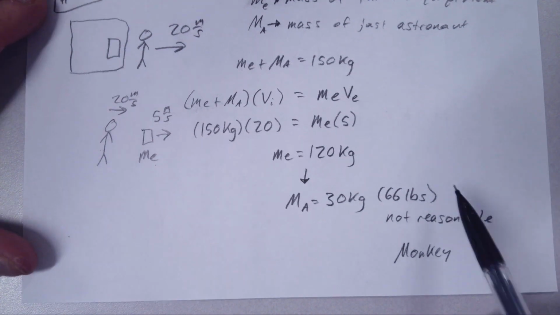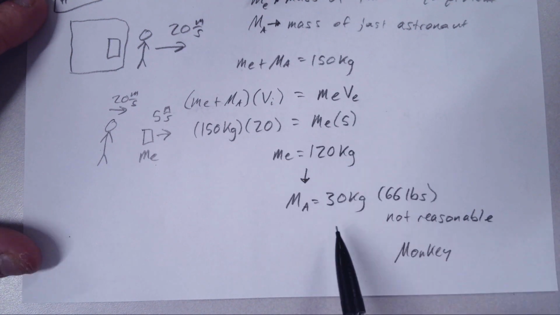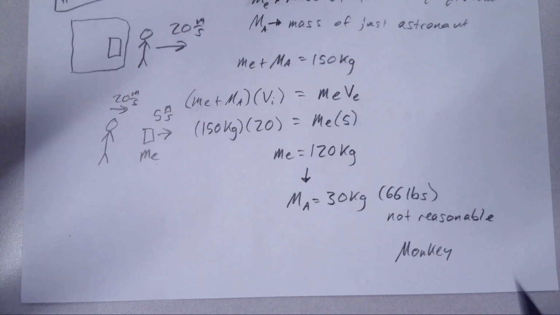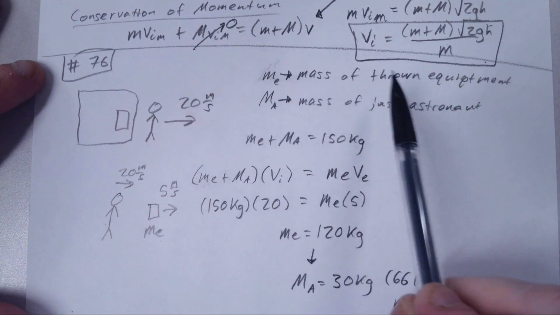I guess it's saying that the amount of mass needed to be thrown is 120 kilograms, leaving the mass of the astronaut being 30 kilograms, 66 pounds. So unless you have a child astronaut or a monkey or something else, it's not possible in this case. So that's number 76. Once again, you see why I separated it.